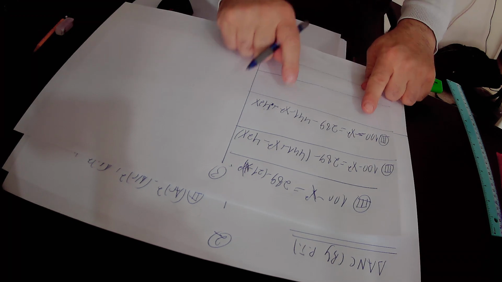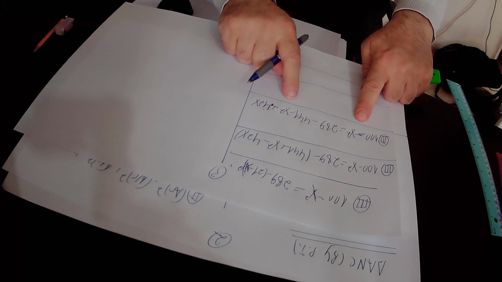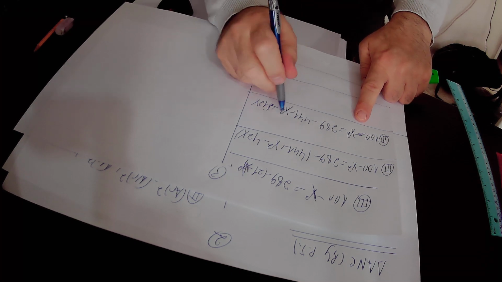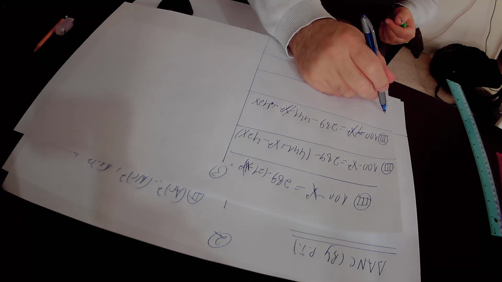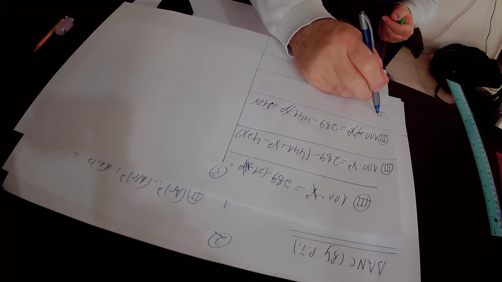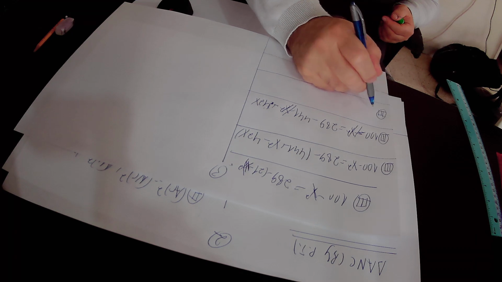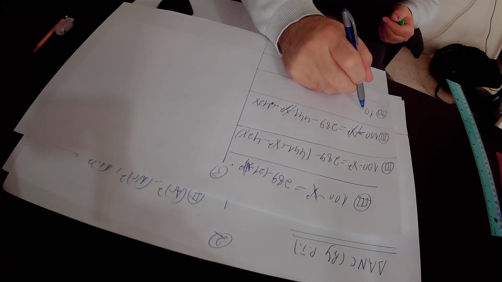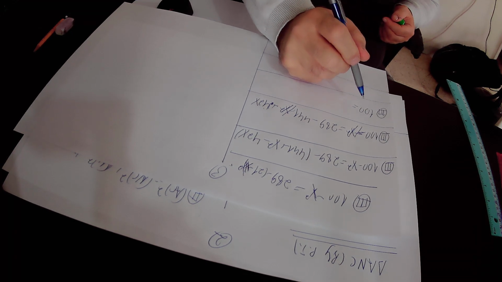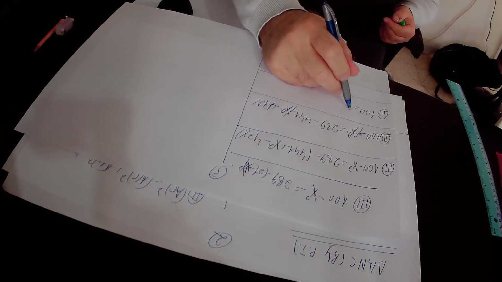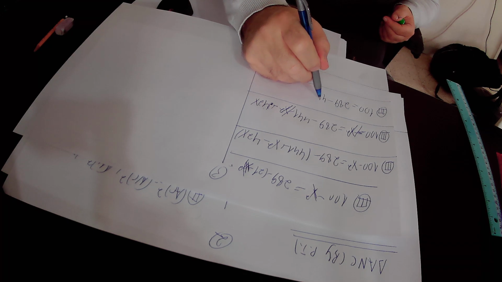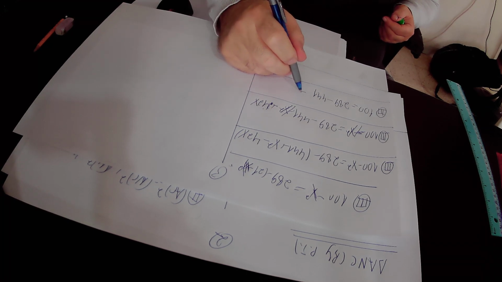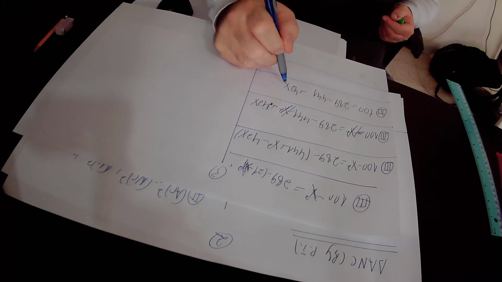So here we have minus x squared on both sides of the equation. So minus x squared will get cancelled. After we cancel minus x squared, on this side of the equation we are left only with 100, and it is equal to 289 minus 441 plus 42x.